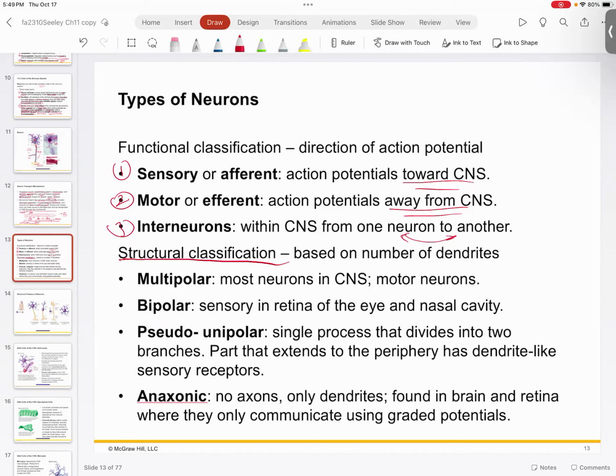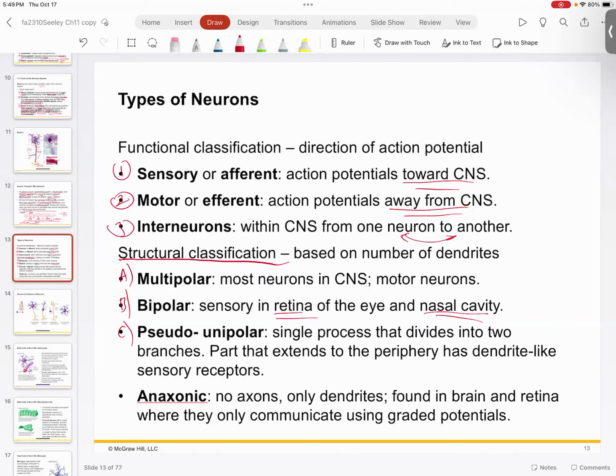We can also classify them structurally based on their dendrite numbers. For instance, we have what's called a multipolar neuron, which is a lot of neurons in the CNS, motor neurons as well. We have lots of dendrites coming into the cell body. You have what's called bipolar. You'll find this in the sensory cells in the retina, bipolar cells of the eye, and also in the nasal cavity as well. And pseudo-unipolar, which is what it says it is.